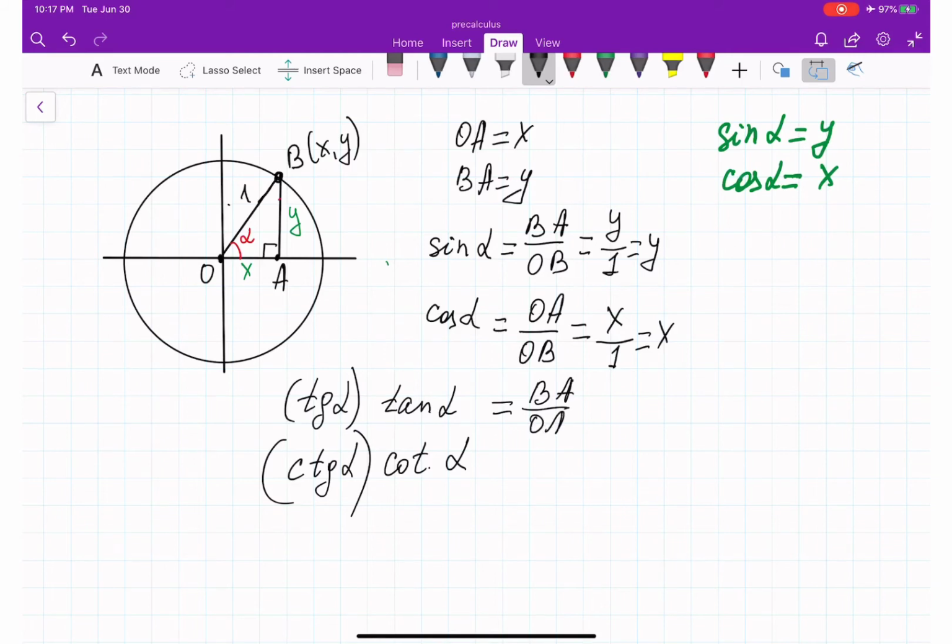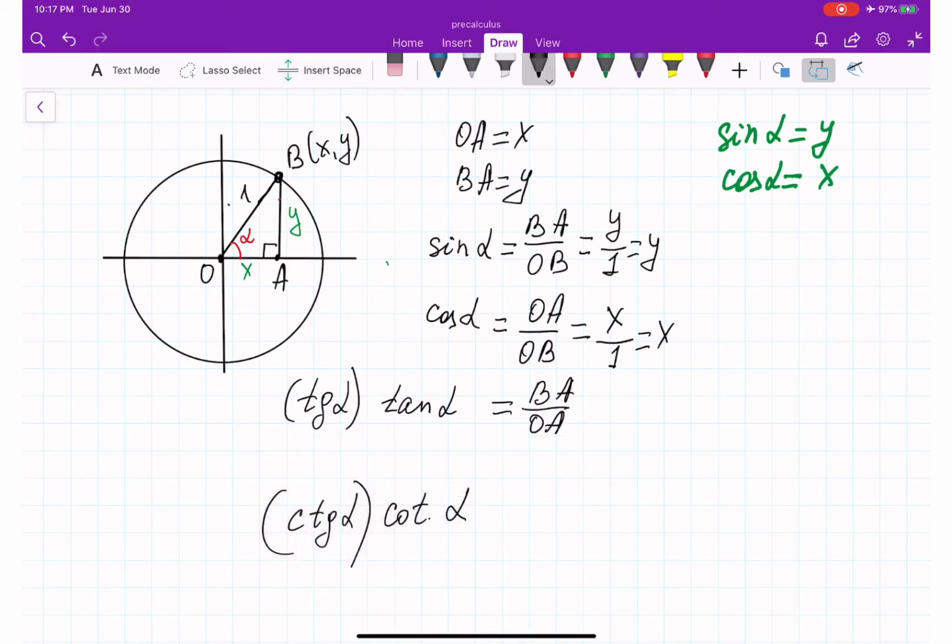So it's working with two legs. So BA is our Y, OA is our X, where Y is equal sine alpha and X is equal cosine alpha.